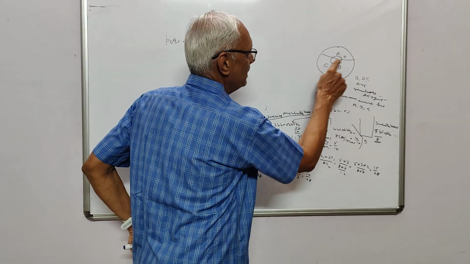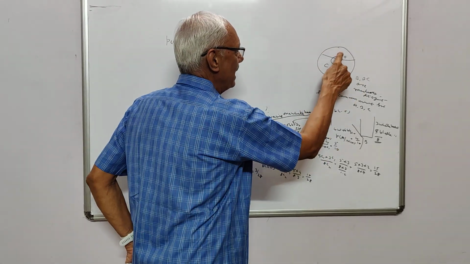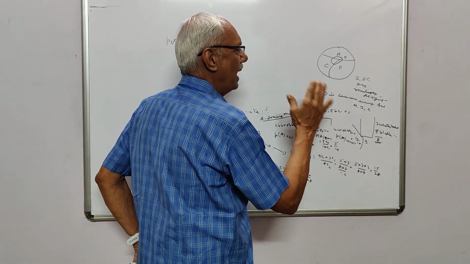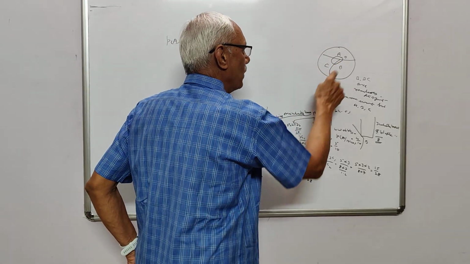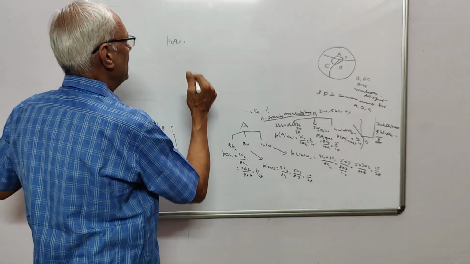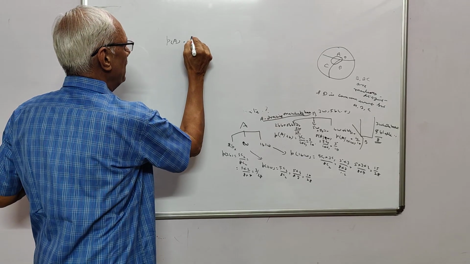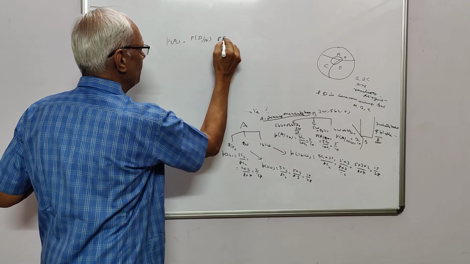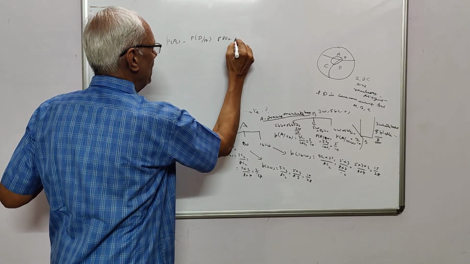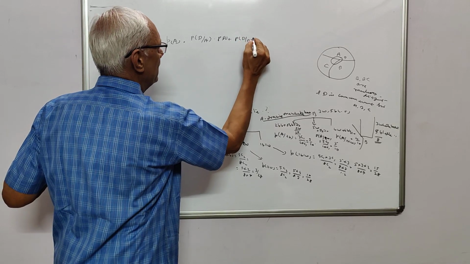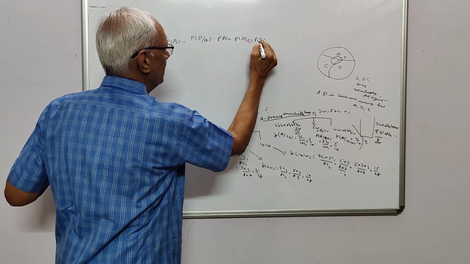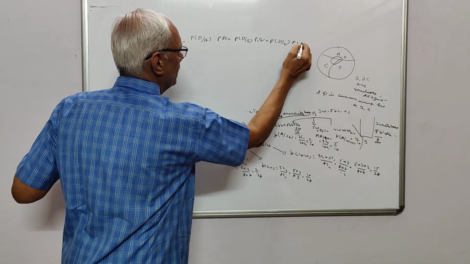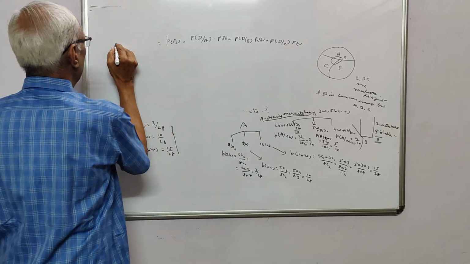Here three events are there, A, B, C, and D is an event common to all, and therefore the probability of D, which is called the total probability, is given by P of D given A into P of A, plus P of D given B, conditional probability, into P of B, plus P of D given C into P of C. So this is called your total probability.